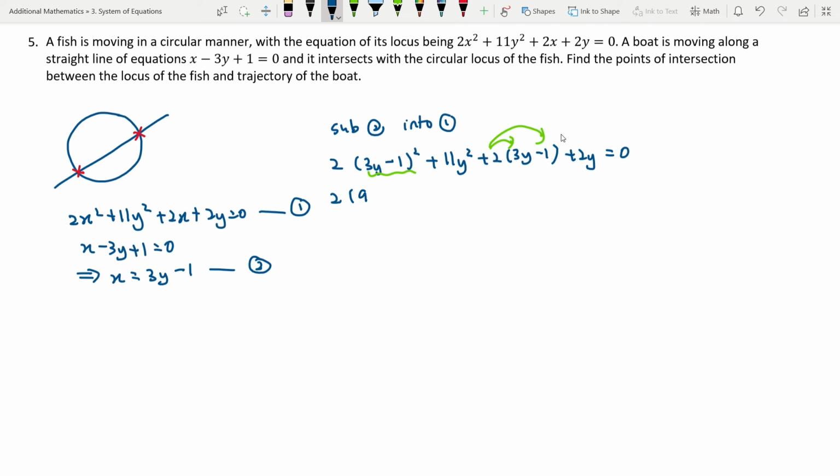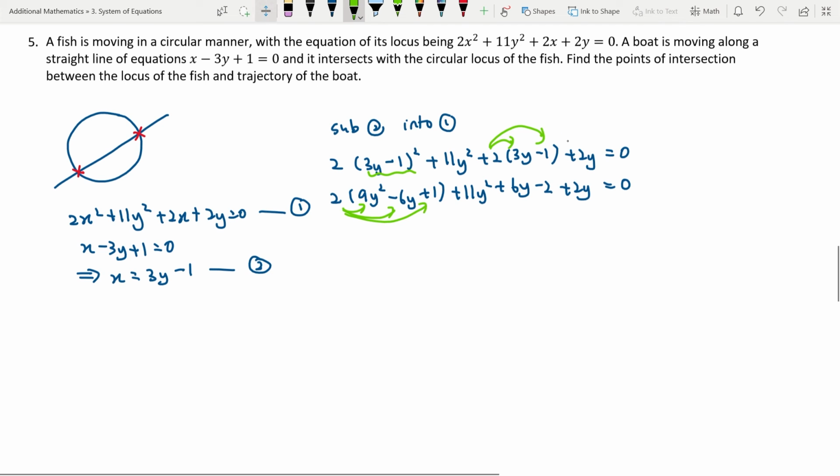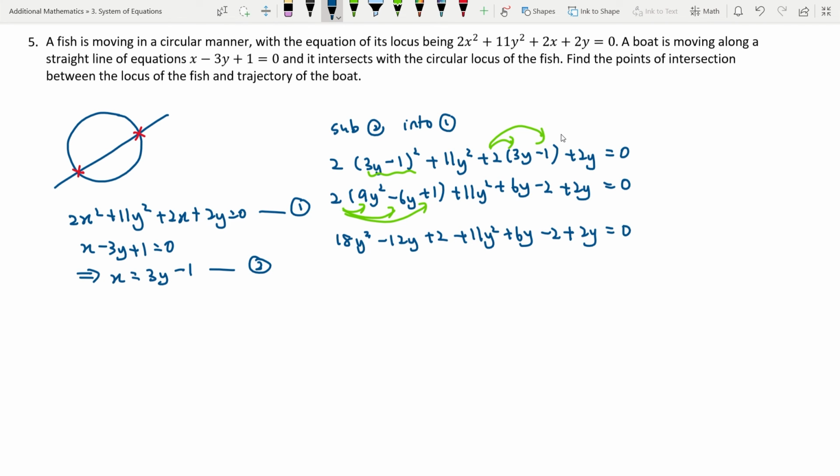2(9y² - 6y + 1) + 11y² + 6y - 2 + 2y = 0. We expand the bracket again. We will get 18y² - 12y + 2 + 11y² + 6y - 2 + 2y = 0.